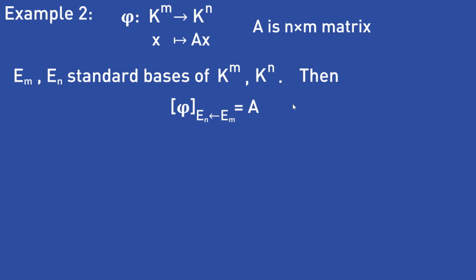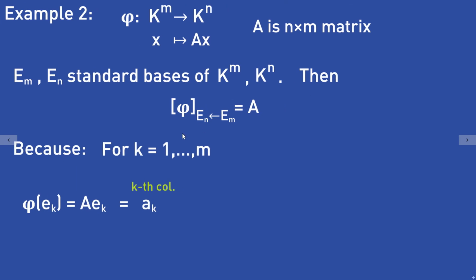That follows from the fact that for k equal to 1 to m, phi ek is equal to A times ek, which is equal to ak, and ak is the kth column of the matrix A.